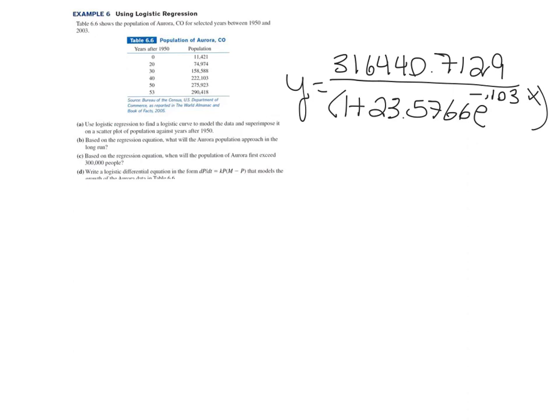Okay, and then from there you're just going to use your information. So it says use a logistic regression of the data superimposed on a scatter plot. So that's where on A you're just plugging it in and then do a scatter plot.